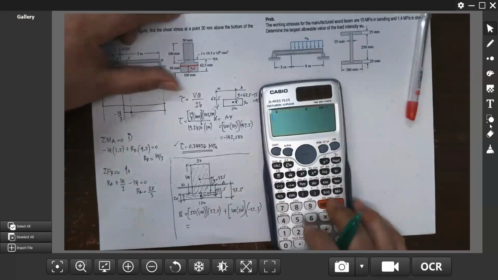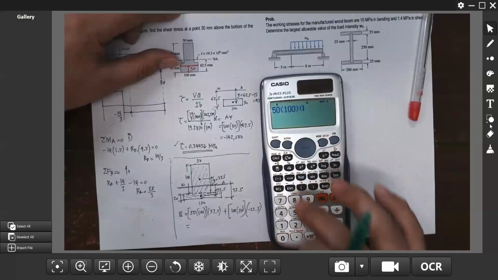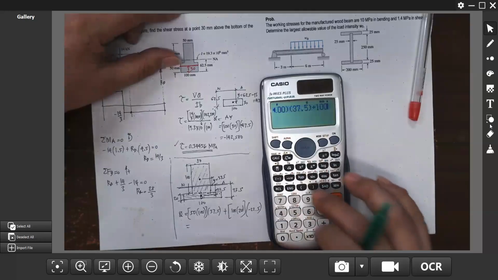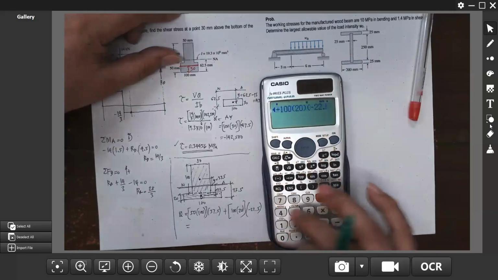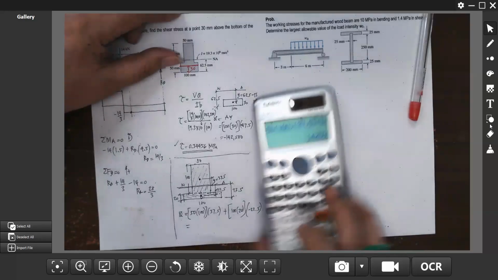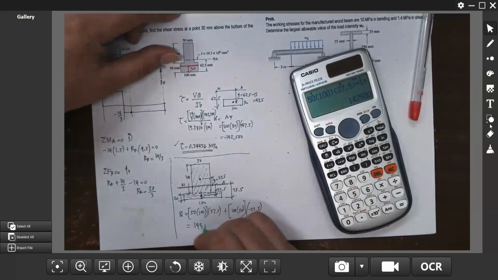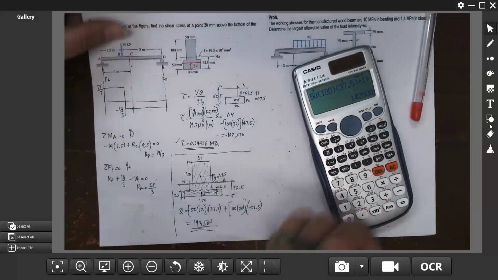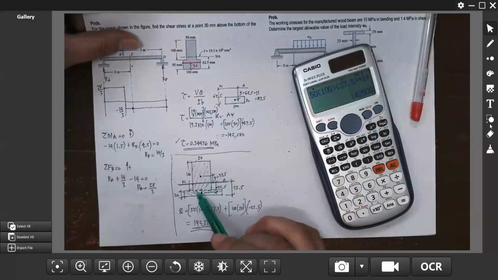So we have 50 times 100 times 37.5 plus 100 times 20 times negative 22.5. Same, right? 142,500. Same result here. You can see this one is easier over this one.